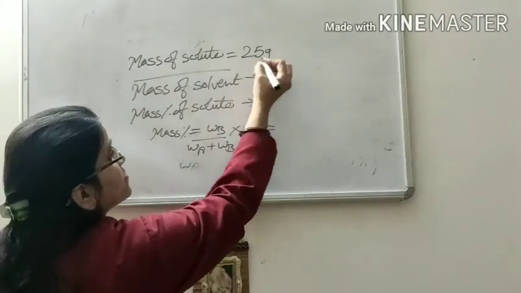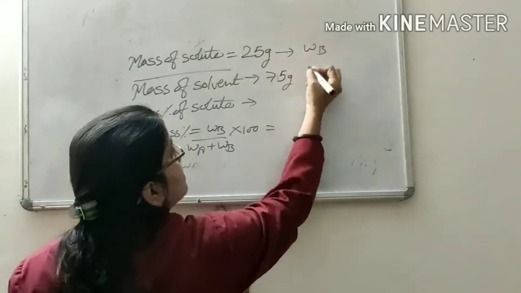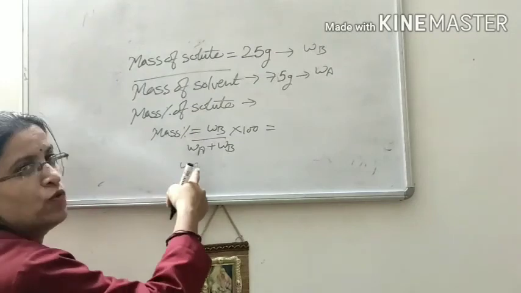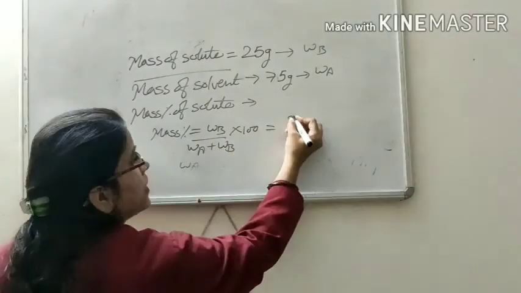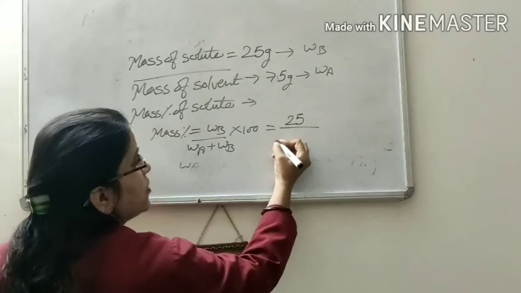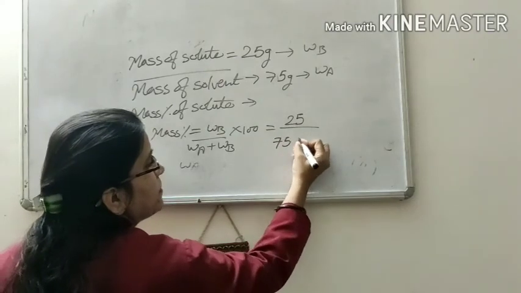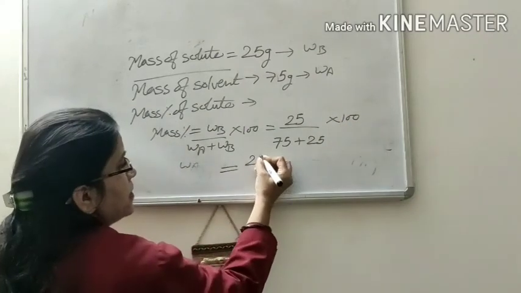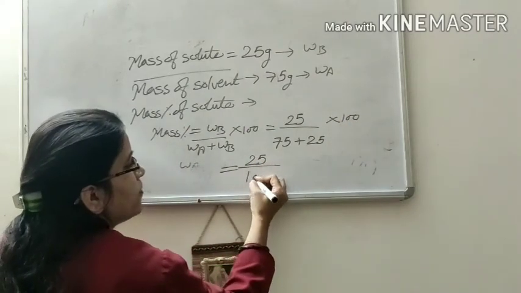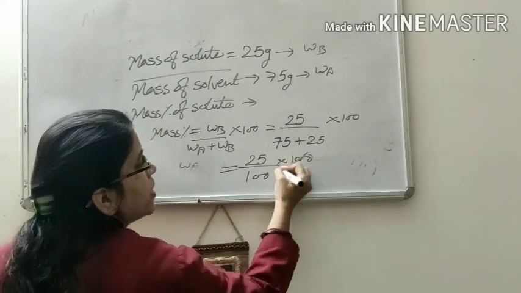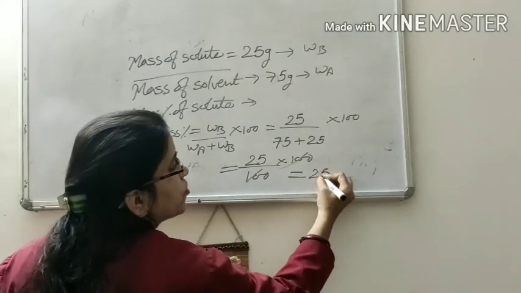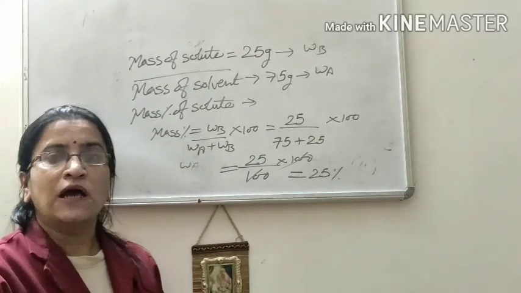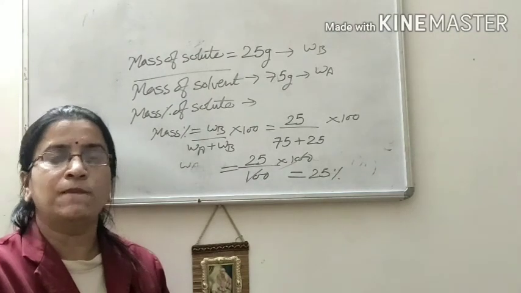This mass of solute means Wb, mass of solvent means Wa. We put the values of Wb and Wa in the given formula. So we get 25 upon 75 plus 25 into 100. And in the next step we get 25 upon 100 into 100. After solving it, we get 25%. It means in the given solution, the mass percentage of solute is 25%.